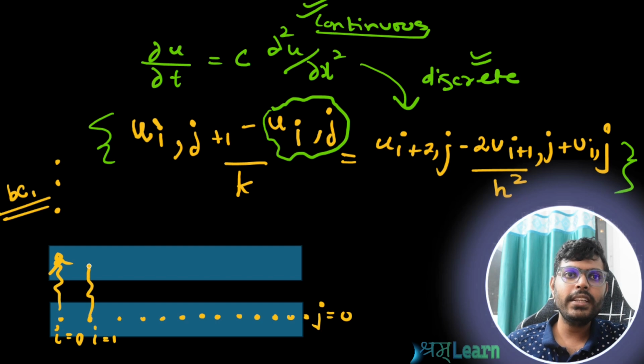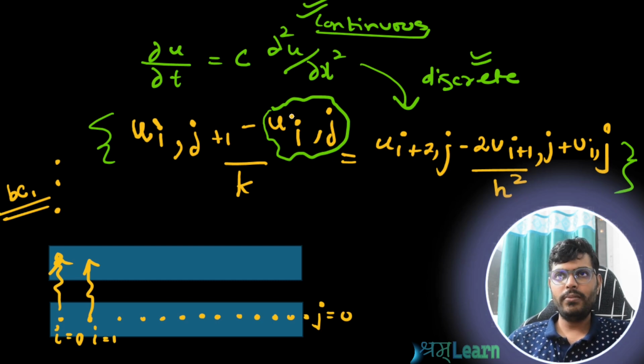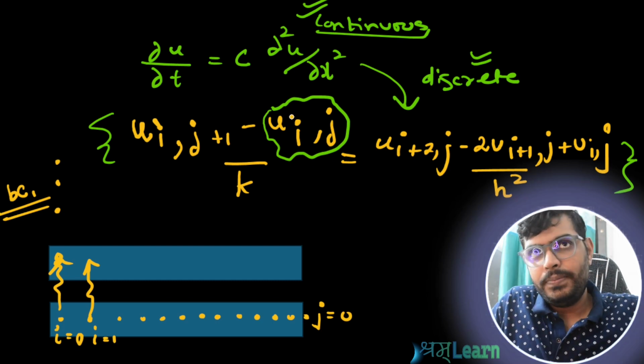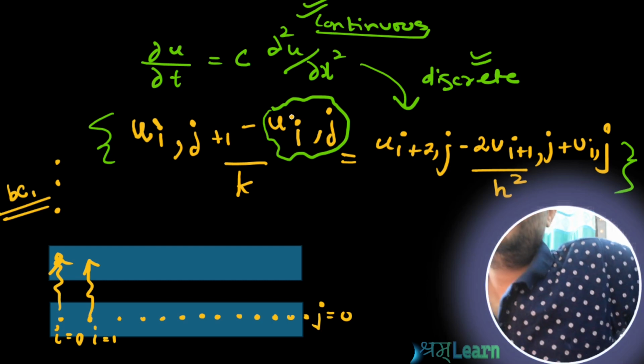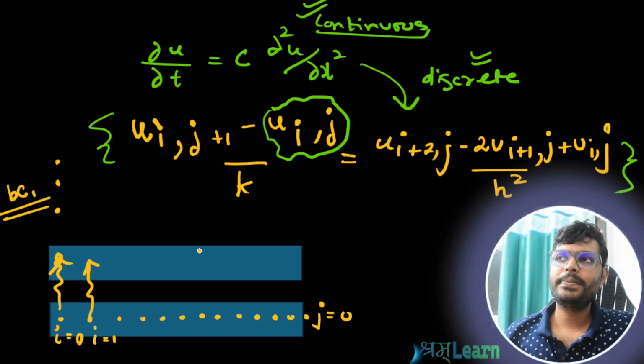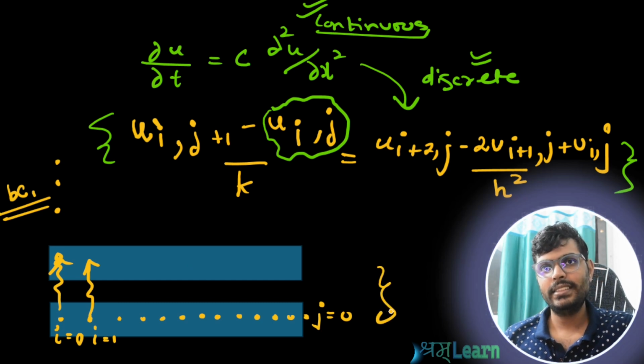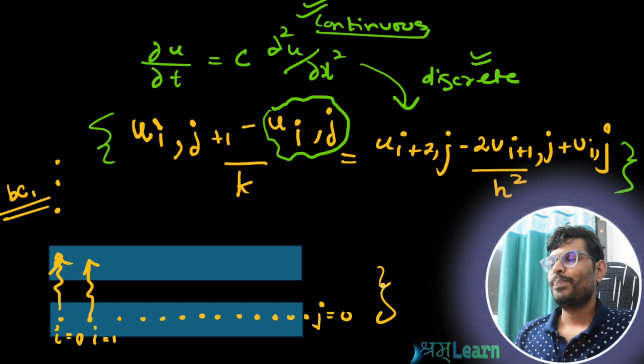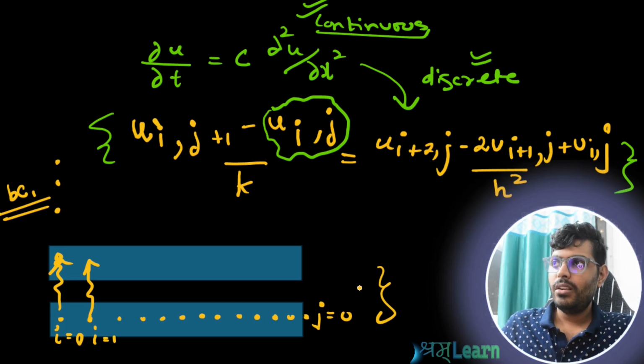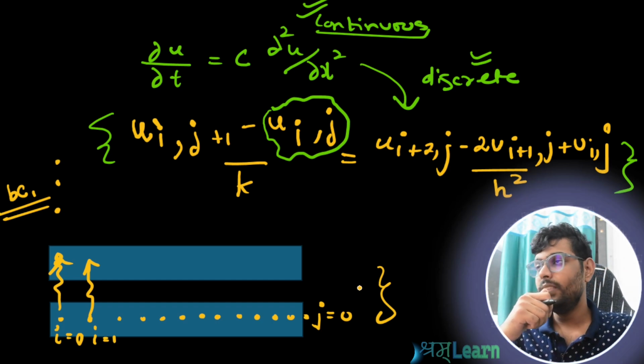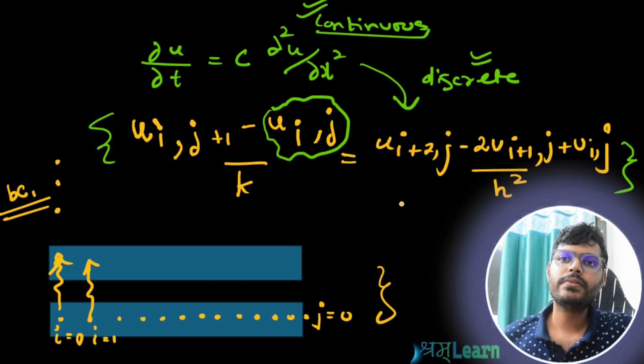For the next point, can I calculate with this equation? Yes, because I know u i comma j, and I also know the step size k. So if I know all of that, I should be able to find a solution to my equation.